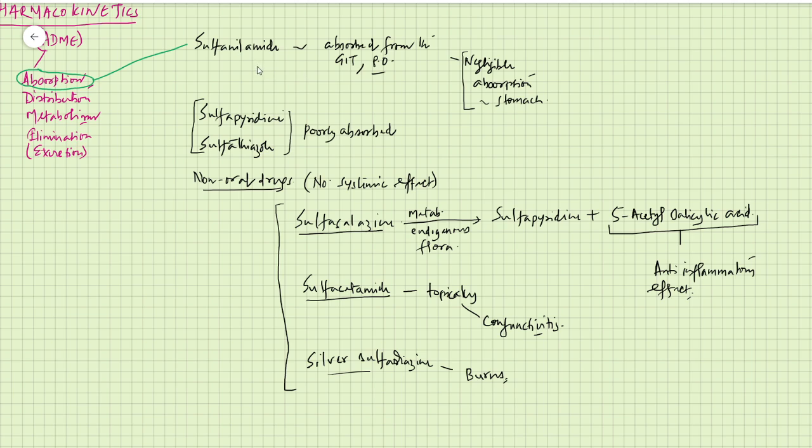So sulfa drugs, the prototype drug is sulfanilamide. It is absorbed from the GIT, but other sulfonamides don't have oral activity, and the examples are the non-oral drugs. When we give it orally, the peak effect is seen in about 2 to 4 hours.